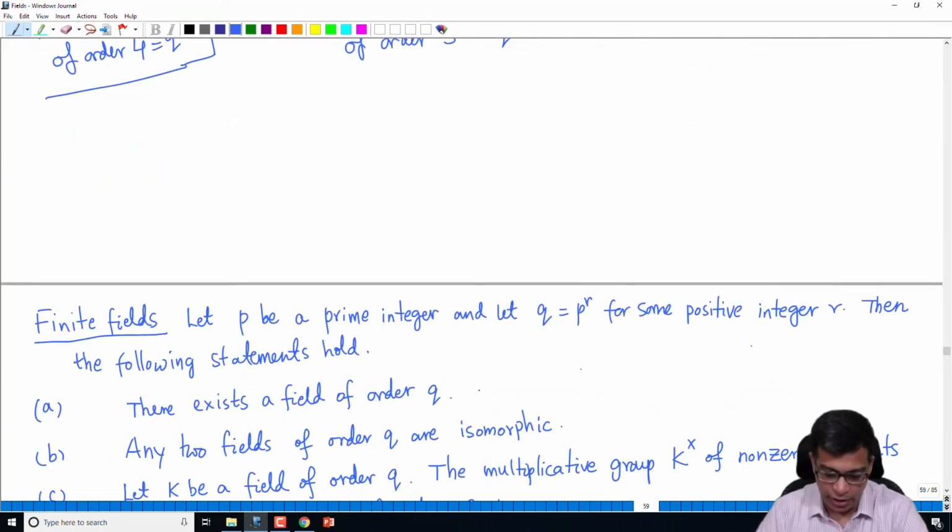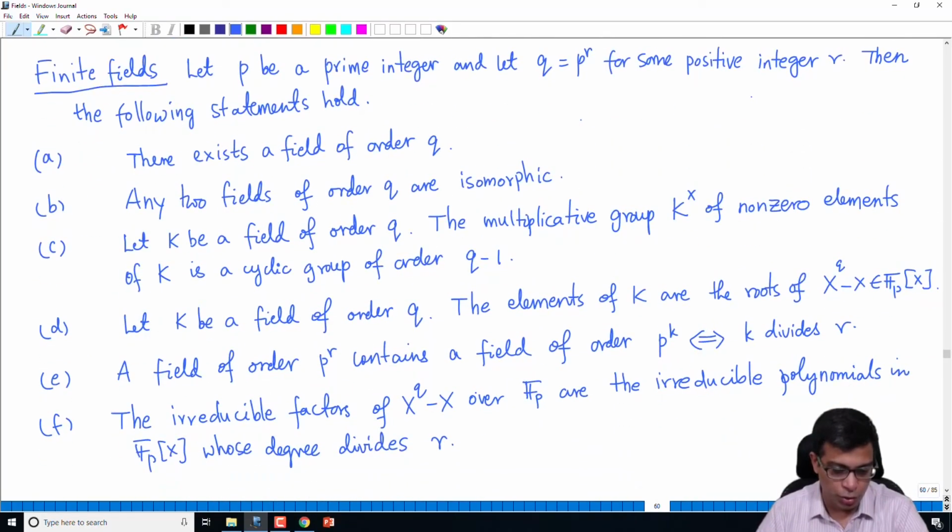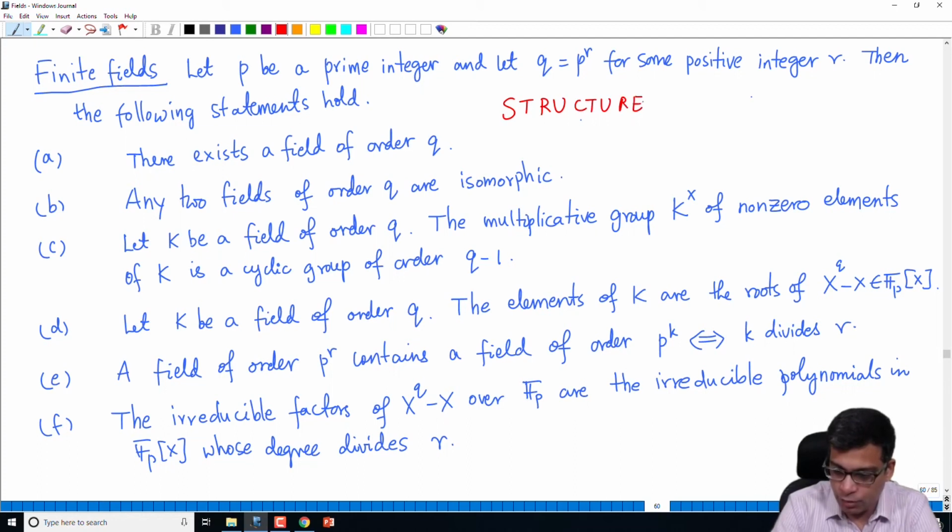Okay, so now I have already written this. Let me show to you the statement of the structure theorem of finite fields. I will call this the structure theorem for finite fields.